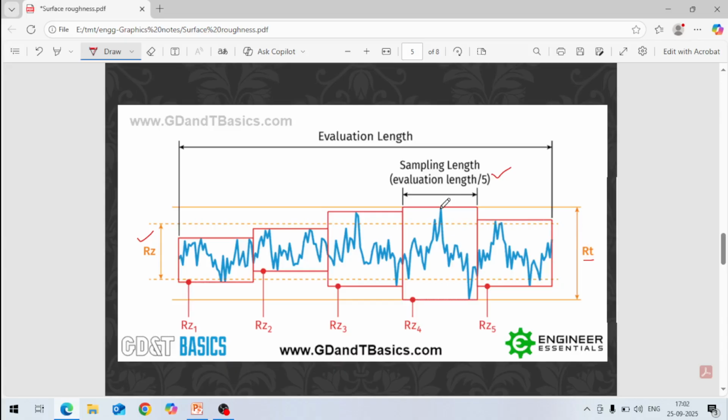And this is the evaluation length. There are 5 sampling lengths, and then we calculate RZ like this. And this is the total roughness. So this way we can calculate this also.